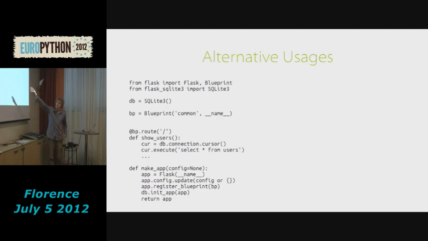You have your SQLite thing, you have a blueprint, you execute something with it, and then you make your app, you update the app config, you register the blueprint, then you initialize the extension down there, and it still works. So the blueprint can use the SQLite object you have created up front, but the app is registered with it later. And then you can still make more applications and go on.